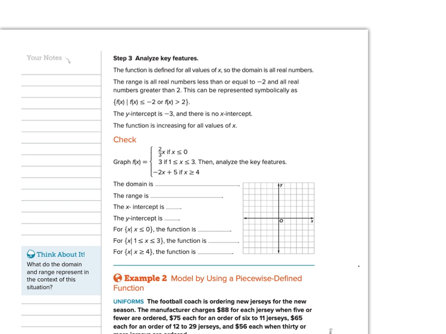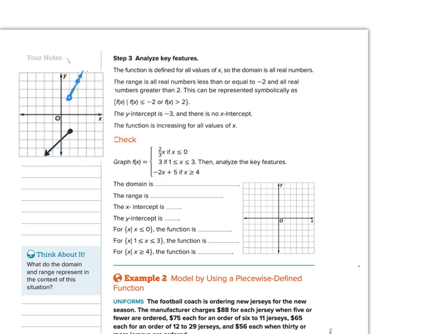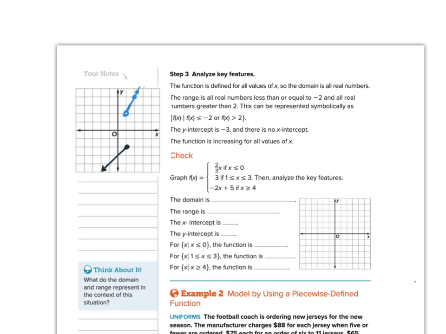The function is defined for all values of x because it is continuous along the x-axis all the way, since we have an open circle here but it is closed there, so 1 is included. The range is all real numbers less than or equal to negative 2, and then all numbers greater than 2 going upward. So there is that gap that is not included.